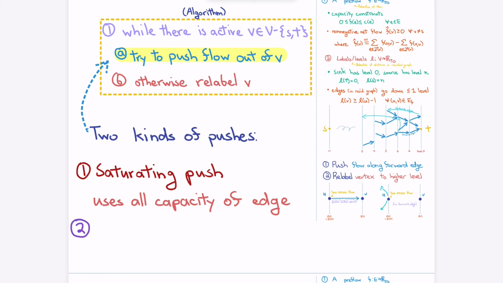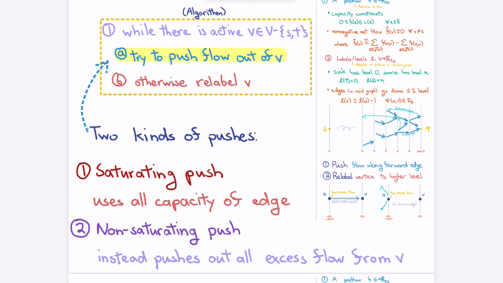So a saturating push is going to mean I use up the entire edge. A non-saturating push means we've instead pushed out all of the excess flow. If both of them happen, we still call that just a saturating push. So if we can bound the number of these kinds of operations, then we'll have a polynomial time algorithm.